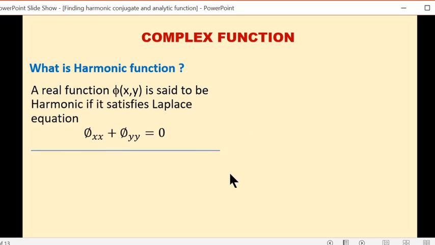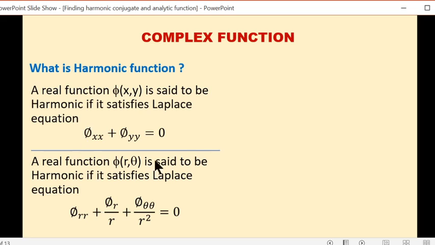Okay, all right. Now this was Laplace equation in the Cartesian form. You can see the variables x and y. Now we know that we are dealing with both the forms, Cartesian as well as polar. So let us see the definition of harmonic function if the function is in the polar form. A real function phi of r and theta is said to be harmonic if it satisfies Laplace equation.